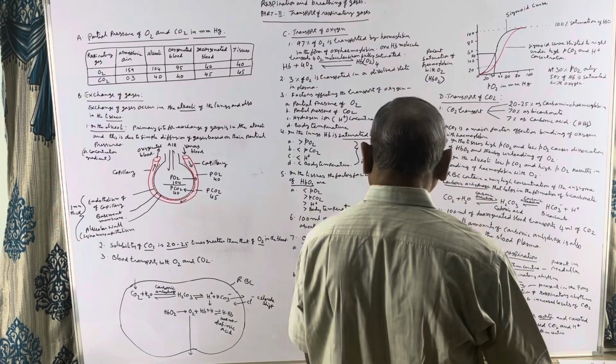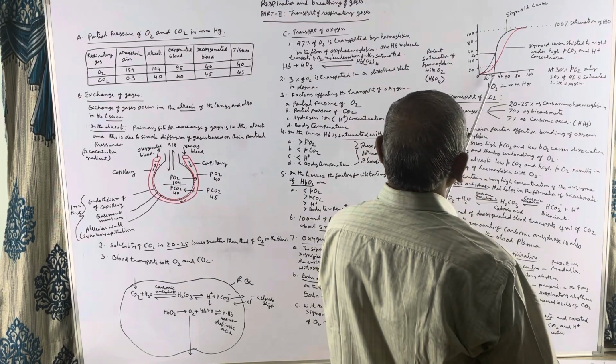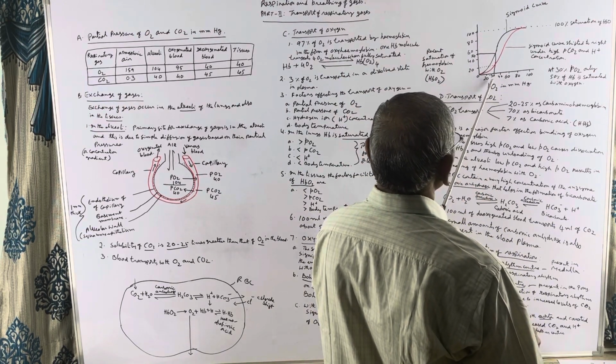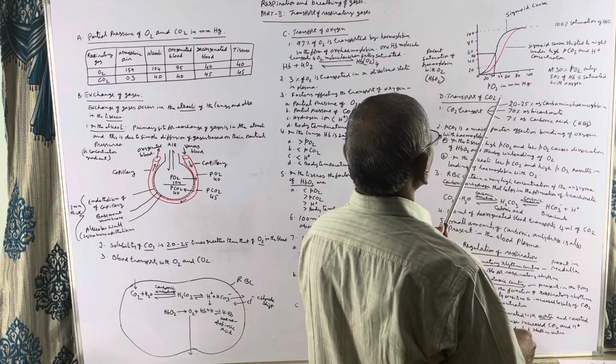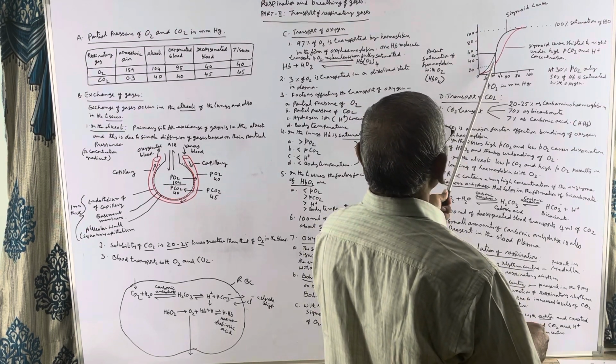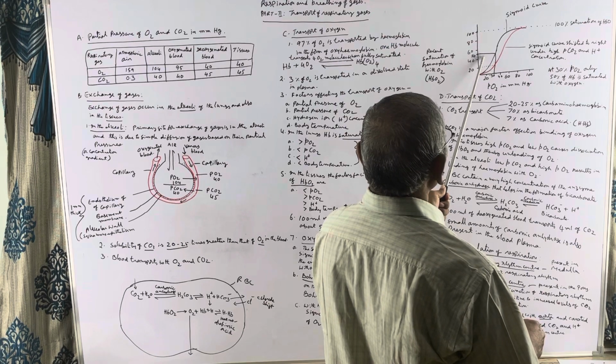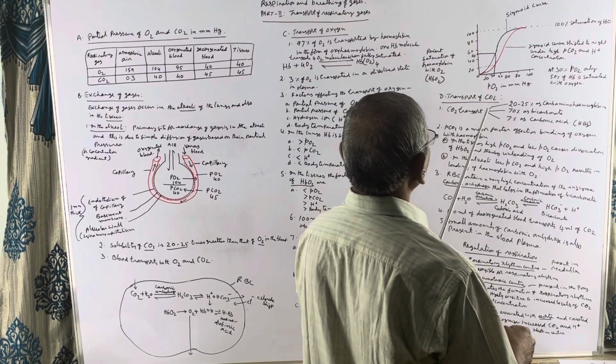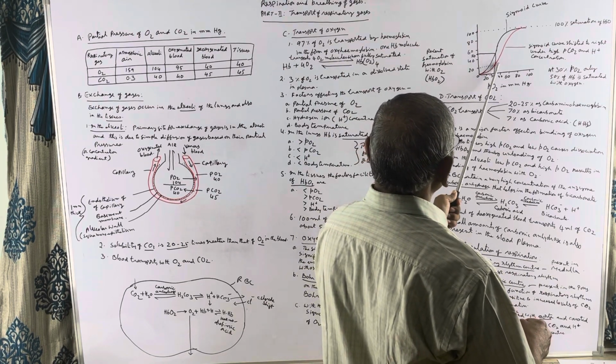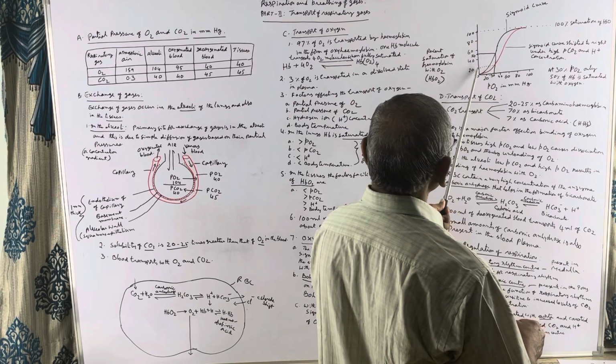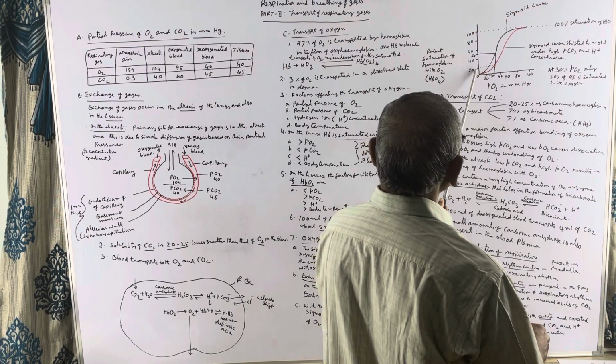I have drawn it. At 30 mm, 50% of hemoglobin is saturated with oxygen. But when the graph shifts here, see, only 20% of hemoglobin is saturated with oxygen.